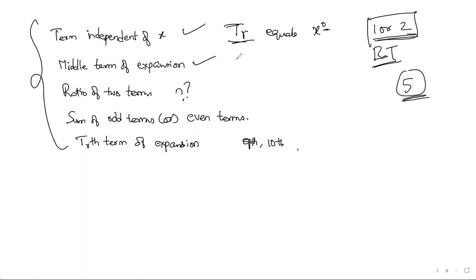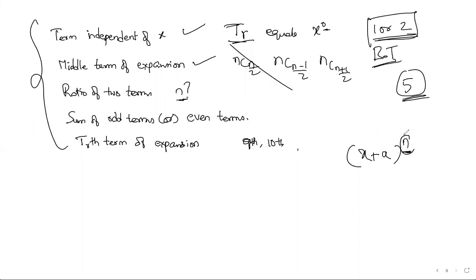For the middle term of expansion, already in the previous questions, I have given nC(n/2), nC((n-1)/2), and nC((n+1)/2. These kind of formulas are there for the middle term and the coefficient of the expansion. And suppose the ratio of 2 terms is given, there are some questions where you need to find the value of n. They will give you (x plus a) whole power n.